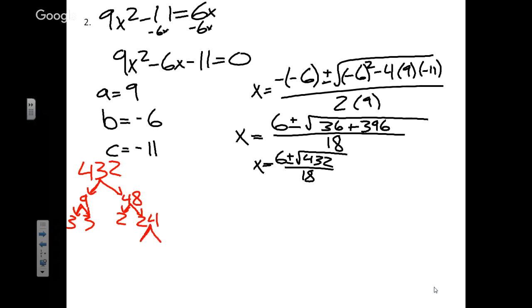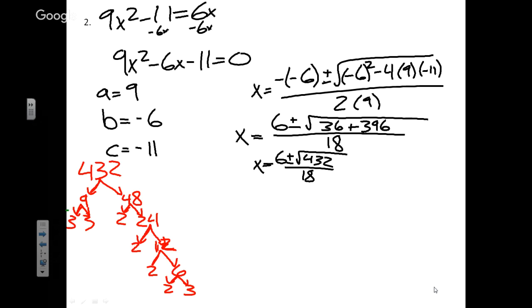Then we can break 24 down a little more. What about that one? Two and 12. And then what can we break 12 down into? 2 and 6. And we can break 6 down one more time into 2 and 3. And now we have to look at how many pairs we have.